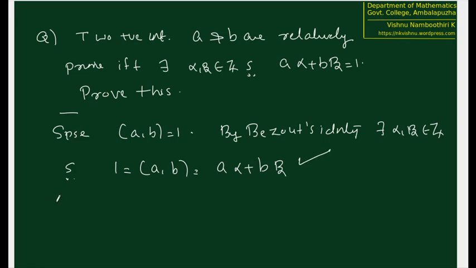So this is established. So if GCD of A and B is 1, then A alpha plus B beta is equal to 1. There exist some such two integers alpha and beta.